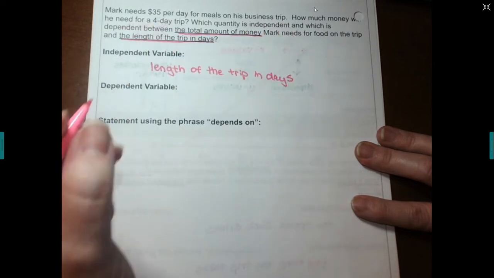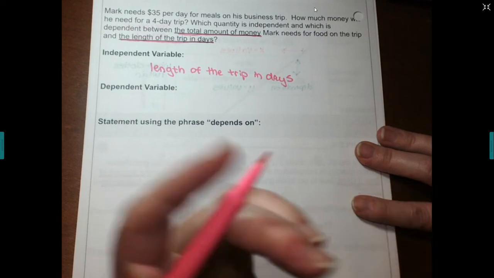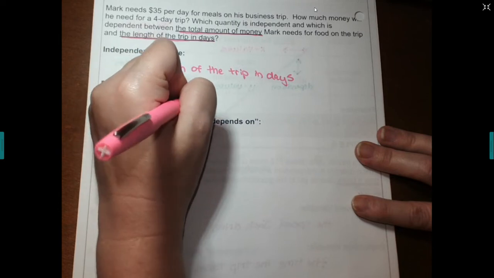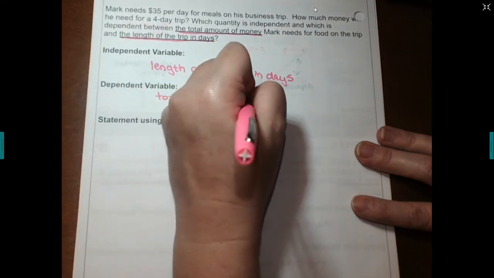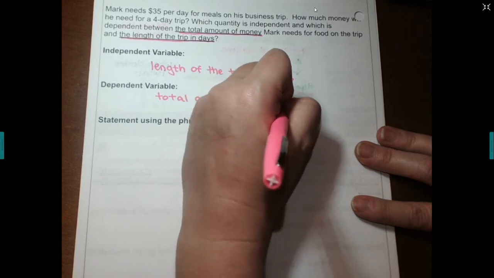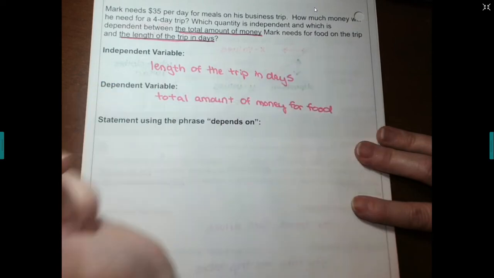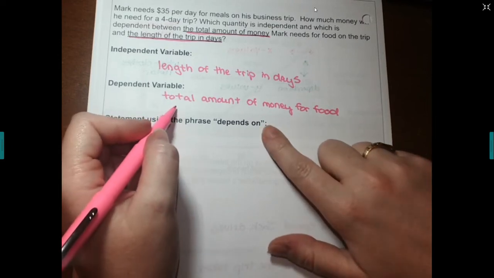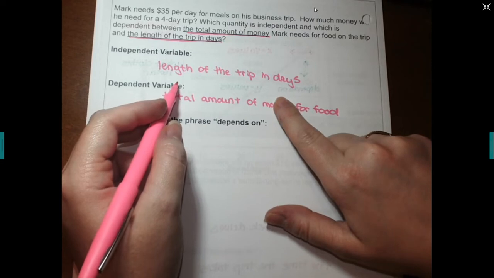And then the dependent, the thing that depends on that, is how much money he gets. The company's not going to know how much money to give him for his food until they know how many days his trip is, right?